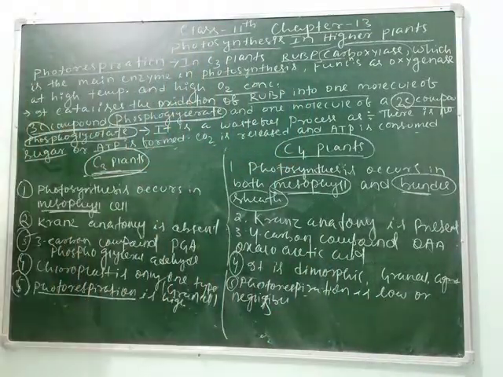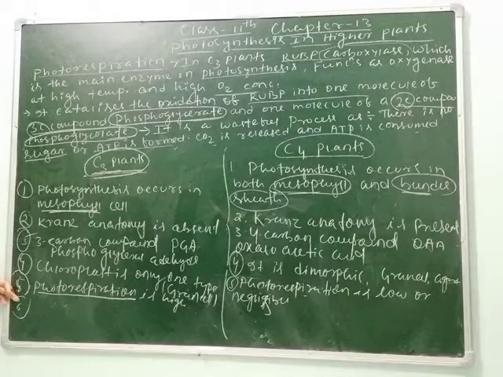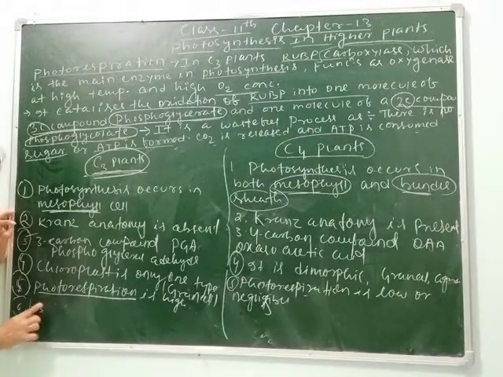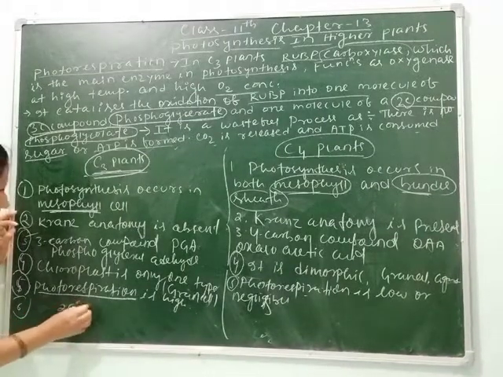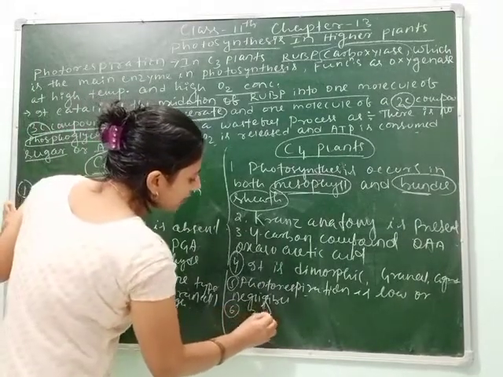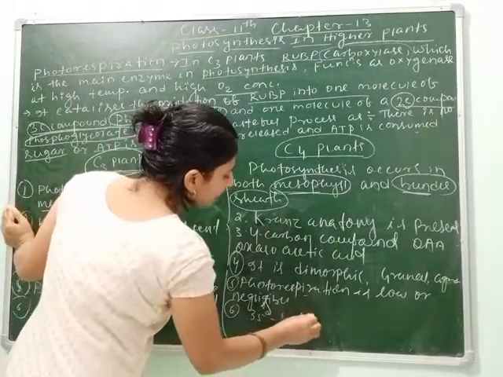Clear, students? So next point, let's see what the sixth point tells us. The temperature optimum for photosynthesis is about 25 degrees Celsius in C3 plants, whereas in C4 plants it is between 35 and 40 degrees Celsius.